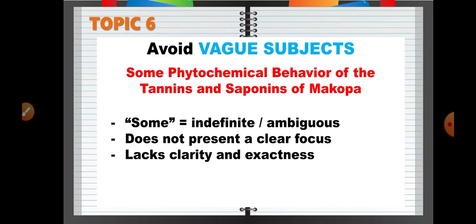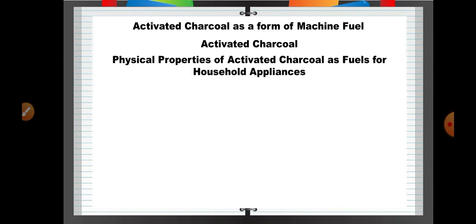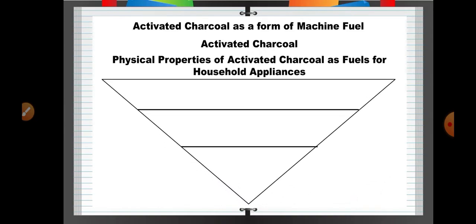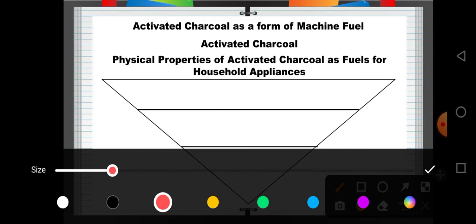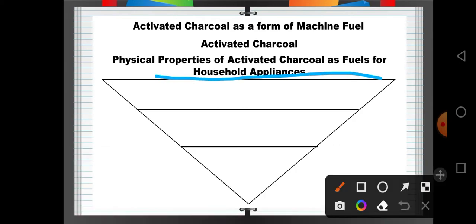Okay, so let us have this example. Here, class, we have three different research topics and we will try to identify which among the three is the best research topic, not too broad and not too specific. So we will have here our inverted pyramid. In our inverted pyramid, the topic at the uppermost portion is the broadest topic.